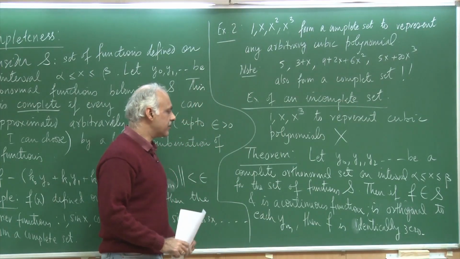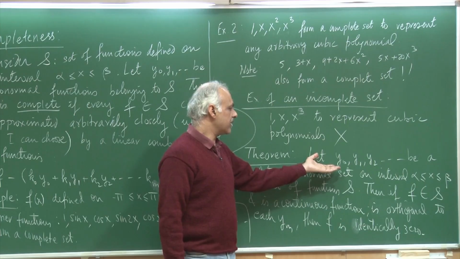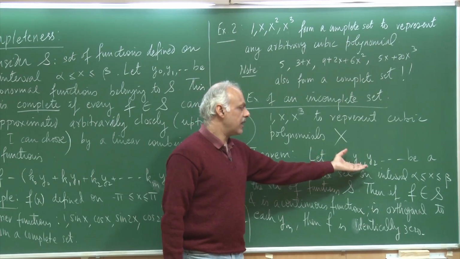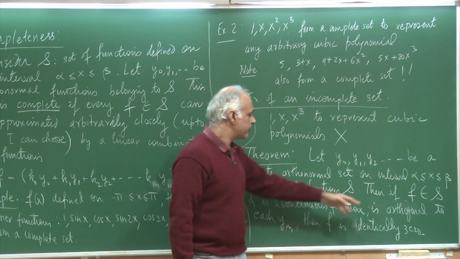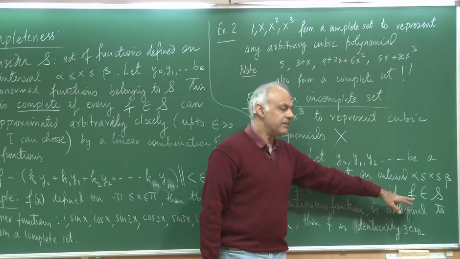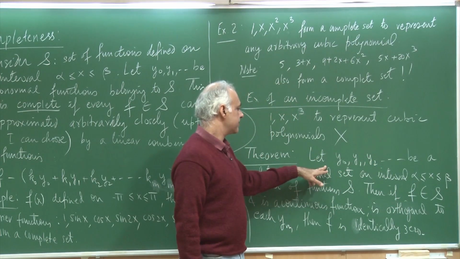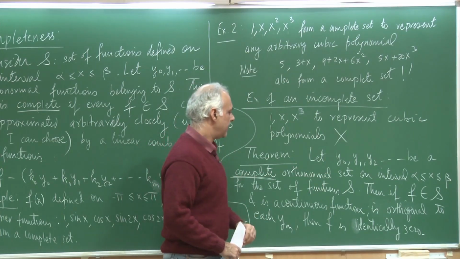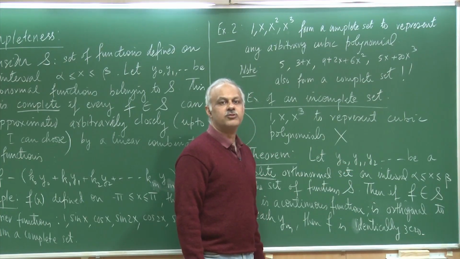So let me explain this a bit. We have a set of functions which form the basis. I have called them y0, y1, y2. And here's another function f. The claim is, if these form a complete set, and if f is orthogonal to each one of them, then it should be 0.